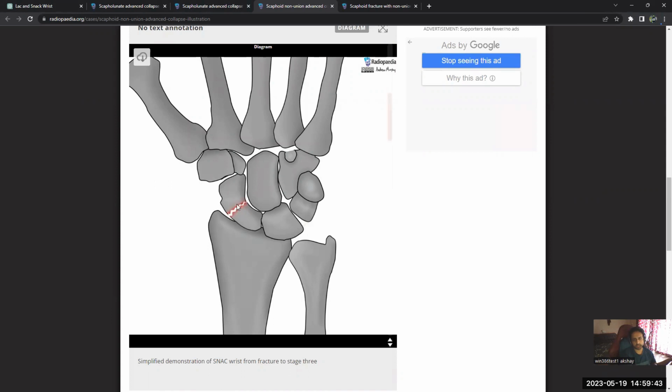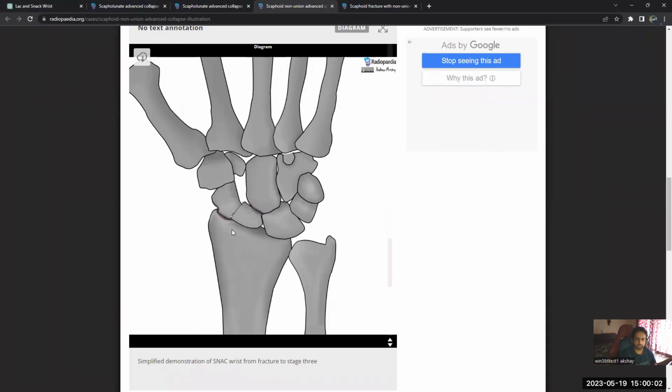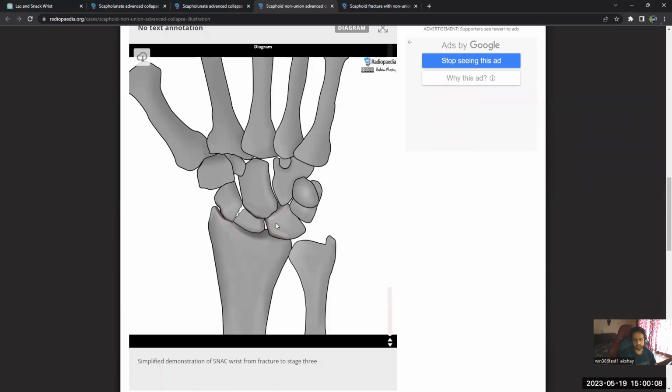There's a scaphoid fracture in the waist region, and there is non-union of the fracture. When it is left untreated, later on you can see degenerative changes developing between the distal scaphoid and the radial scaphoid fossa. As it progresses, you can see degenerative changes between the other carpal bones also developing.